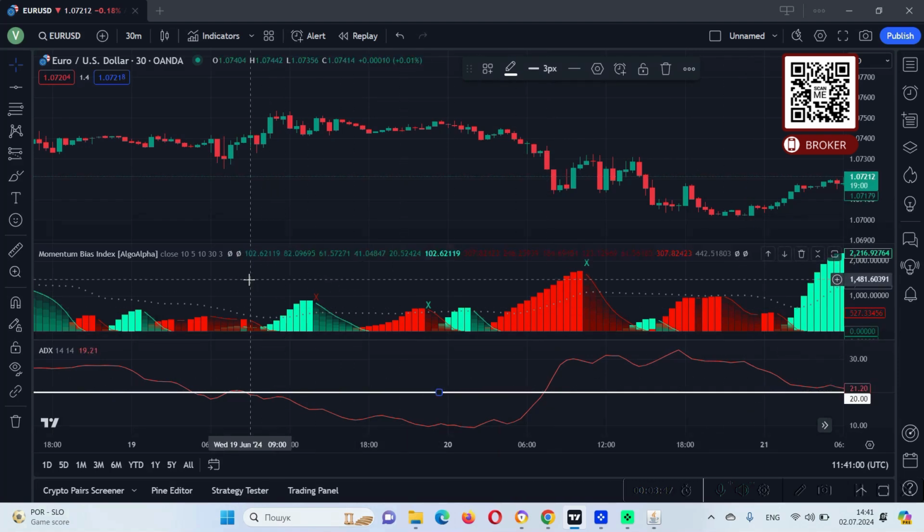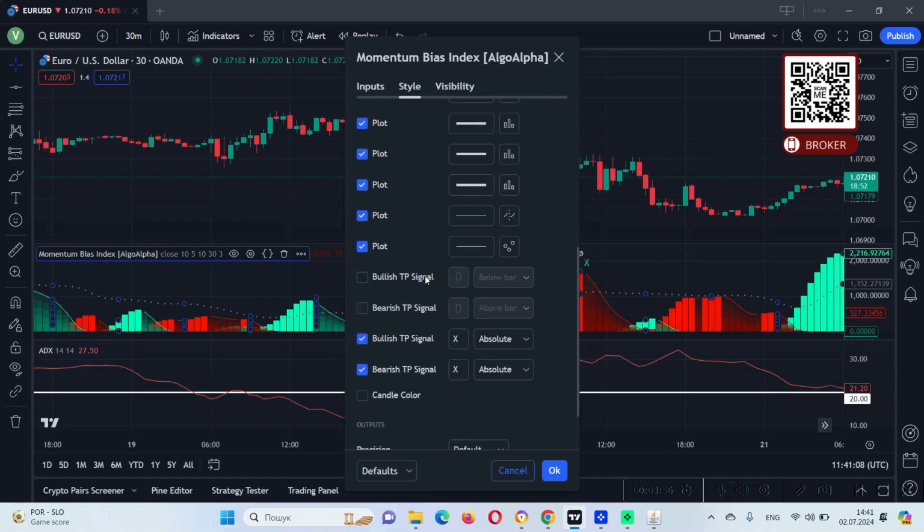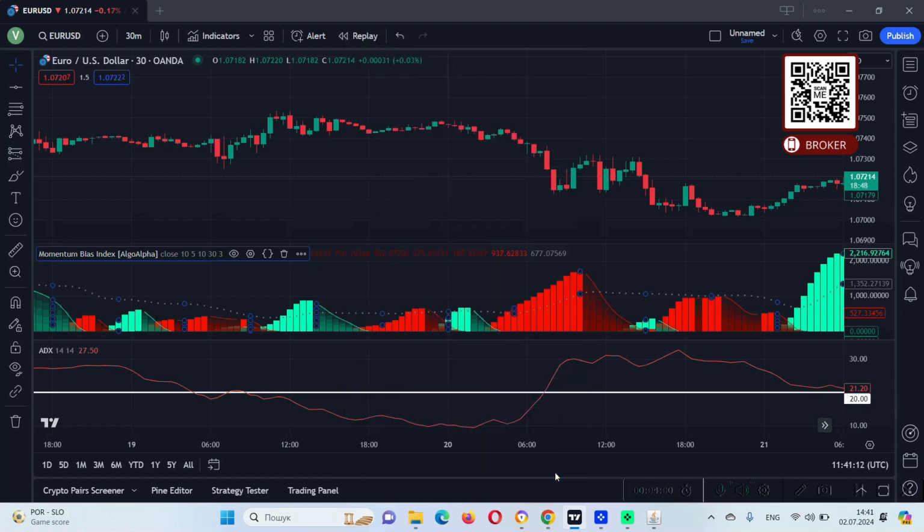Next, we need to modify the settings of the first indicator we incorporated into the chart. We need to deselect these two values and save the settings. All settings are now complete, and we can commence testing our strategy. So, let's proceed to the examples.